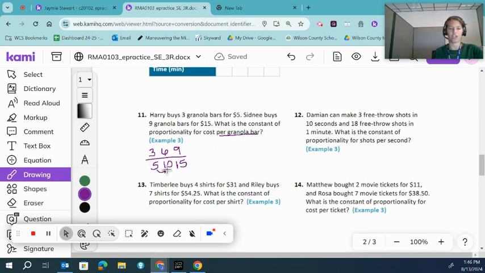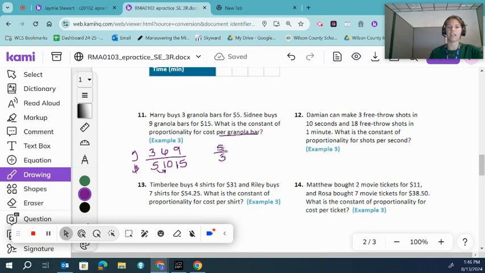So we're going to look at our change in our Y value, which is dollars, over our granola bars, which is our X value. So we're going to have $5 for 3 granola bars, okay? And that is our simplified ratio every single time, okay?